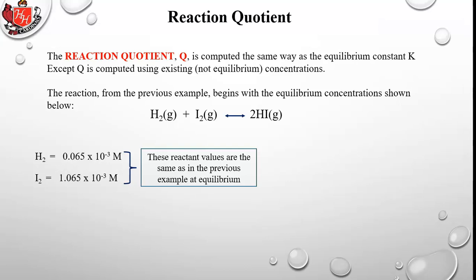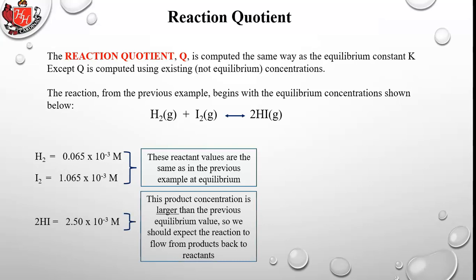You don't have to remember that example. But this product concentration is larger than the previous equilibrium value in that previous example, so we should expect the reaction to flow from products back to reactants in the reverse direction. In other words, this was a larger value of concentration of product than we had before.